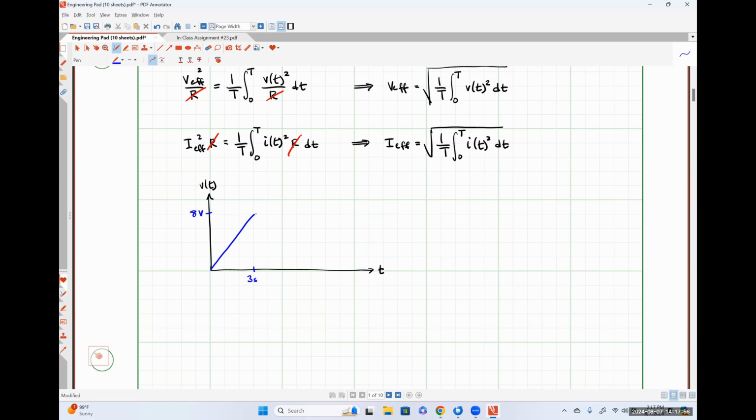And then it stays at 8 volts for 2 seconds. And then that cycle repeats itself once we hit 6 seconds. So we have this signal repeating itself over and over and over again.